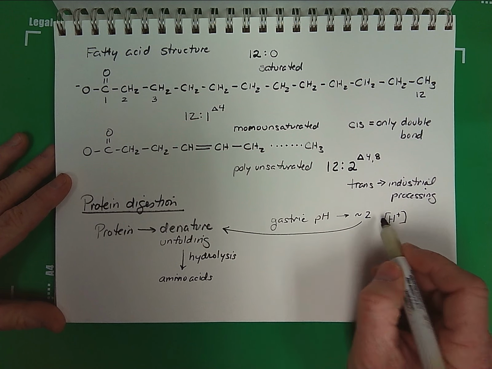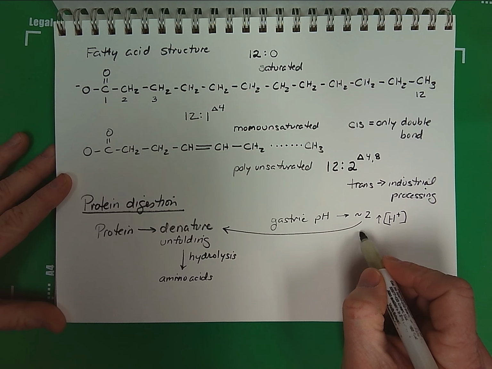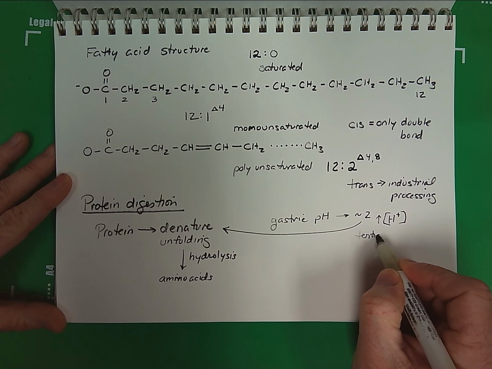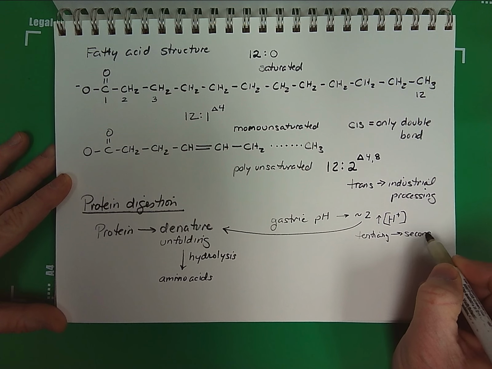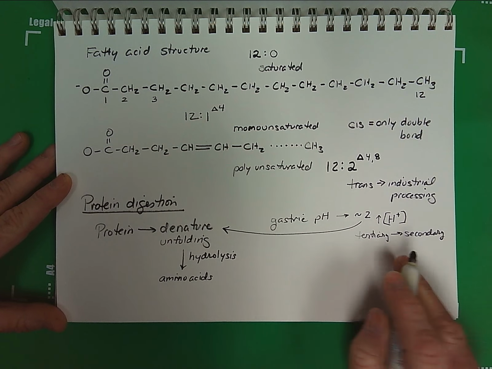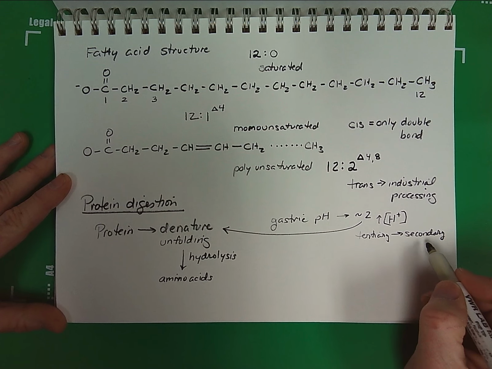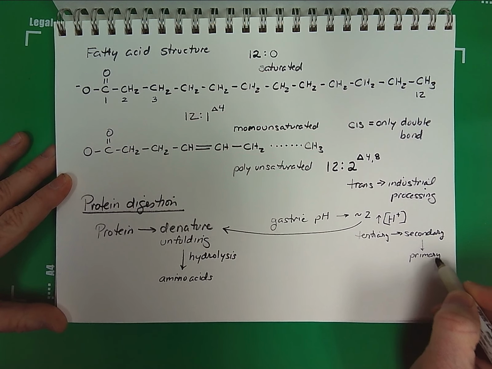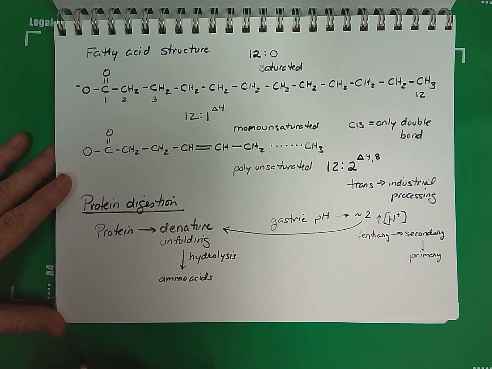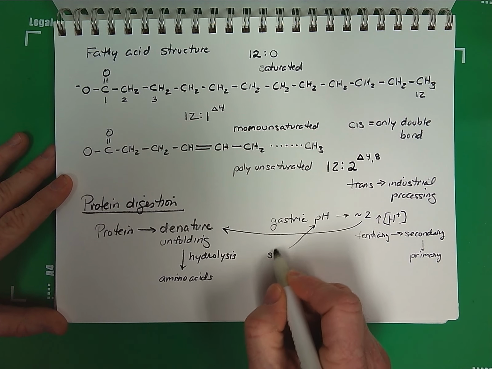So with increasing amounts of proton, meaning lower pH, we are going to take the protein from a tertiary to secondary structure. And then recall, secondary structure is largely held together by hydrogen bonding, and so this will be denatured into primary structure. So the low pH is going to come from the stomach.